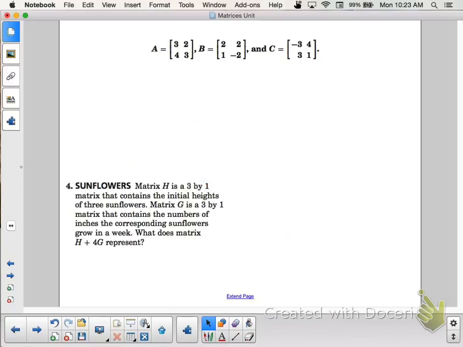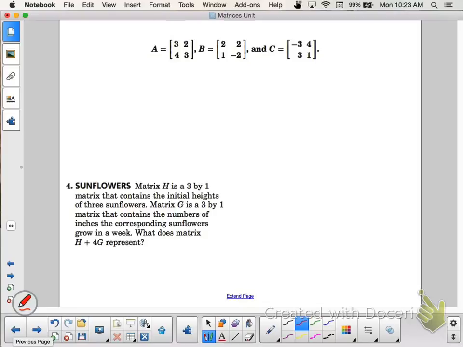Okay, I forgot one thing that I want to tell you guys before you start your homework. Because there are some problems on here that, just like when you started multiplying numbers and variables, you had to learn some properties. So I want to put these on here because I forgot to put them on here.